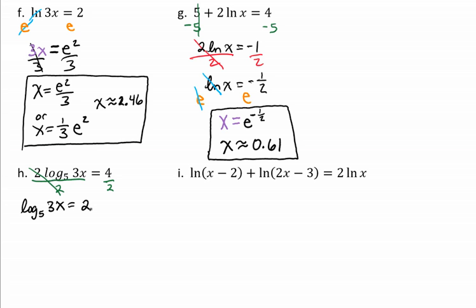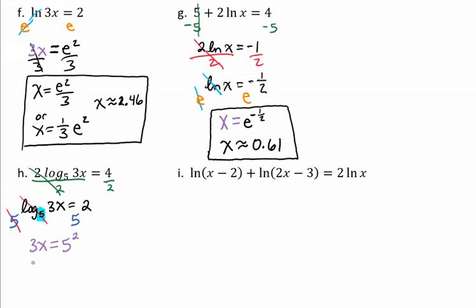Here we have a logarithmic function, and we want to rewrite it as an exponential to get rid of that log. Looking at the base of our log, we see that we have a base of 5. That means we want to take 5 and make that the base of both sides, because that allows us to eliminate the 5 and the log base 5, leaving us with 3x equals 5 squared, which we know is 25.